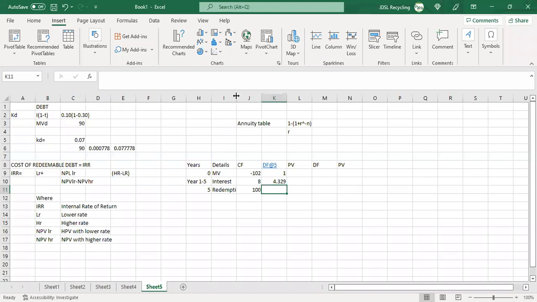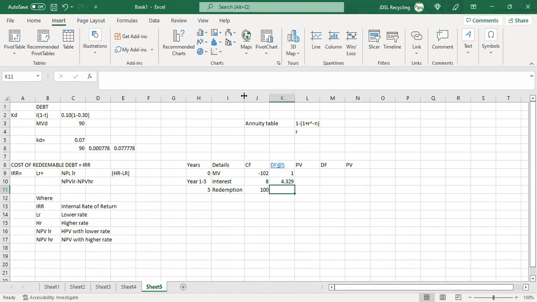This will just be our normal discount factor, DF. This will be 1 divided by 1 plus R raised to power N. That will now be 1 divided by 1.05 raised to power 5. What will be the value?